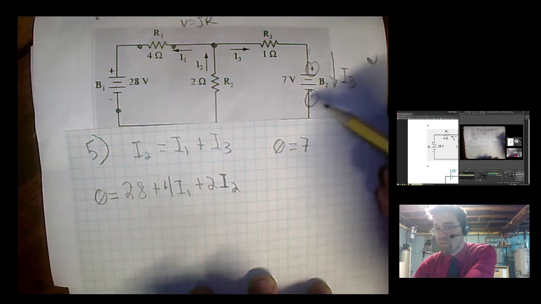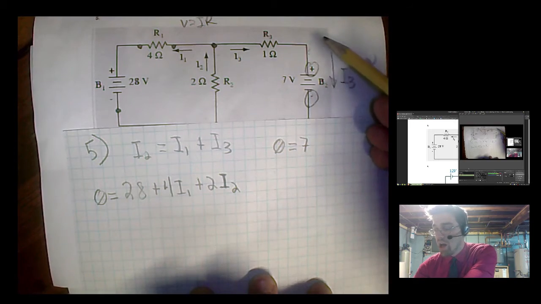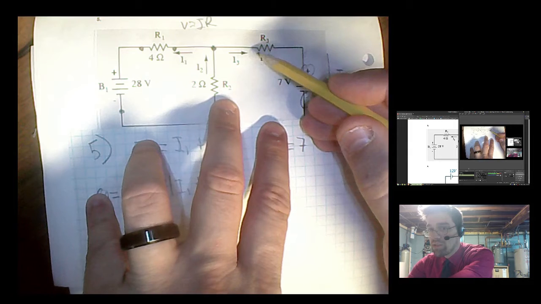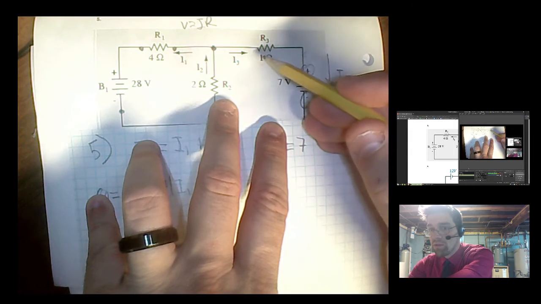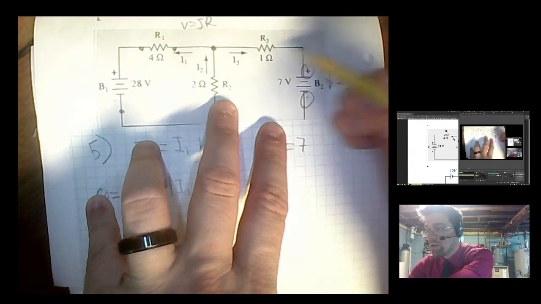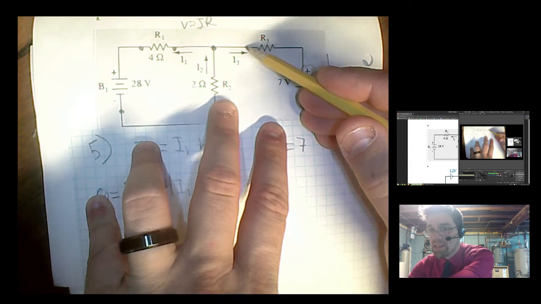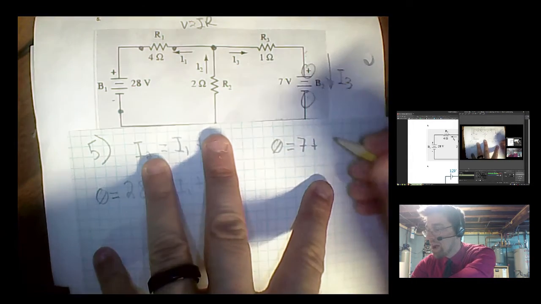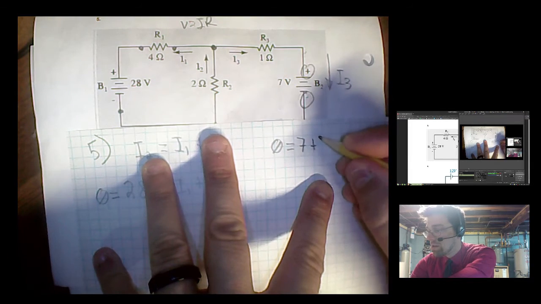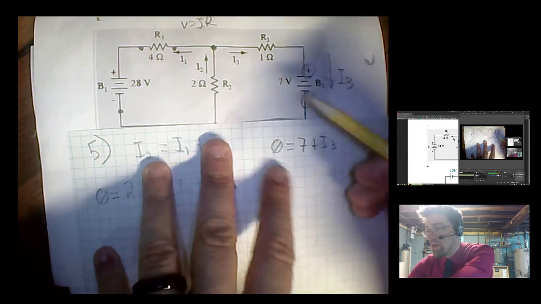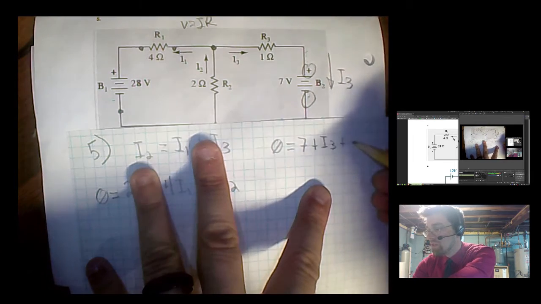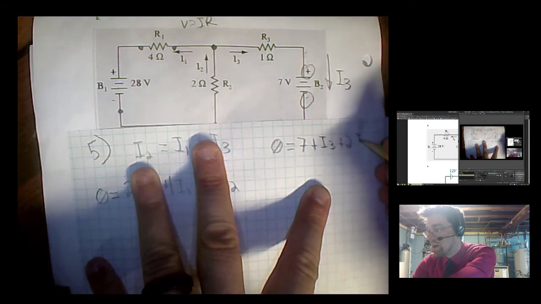So when I go from there to there, I'm going up by 7 volts. For resistors, I do care about current direction. So when I go to this other side here, I'm going to a place that is 1 ohm times I3 higher, and then again going against the current flow there, so that's plus 2 I2.